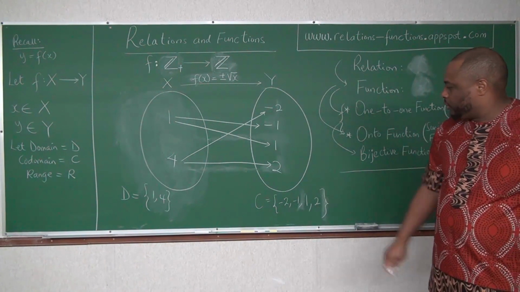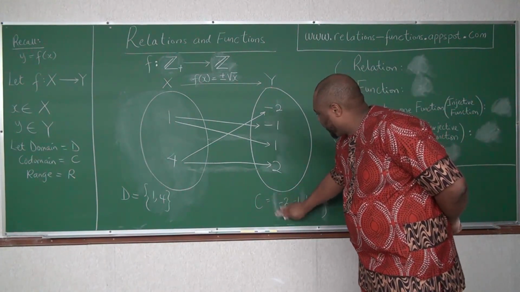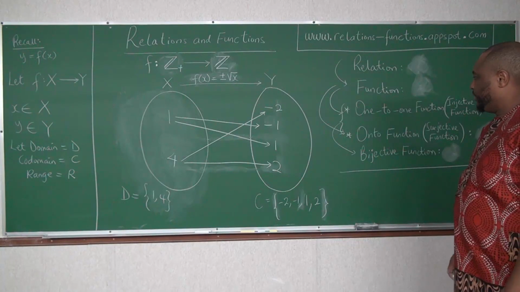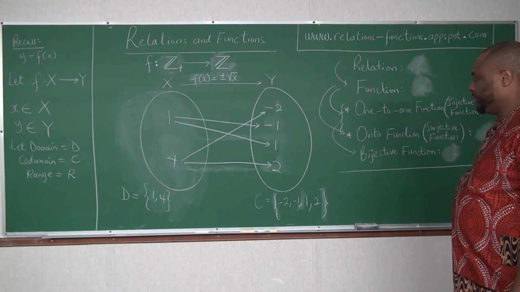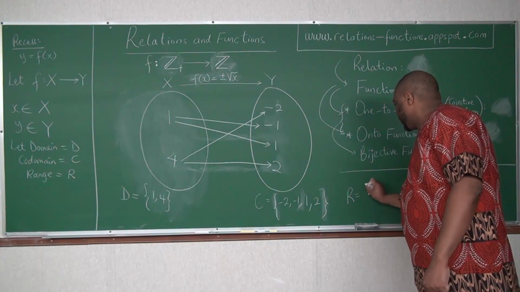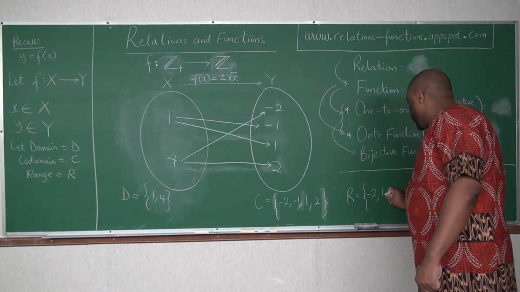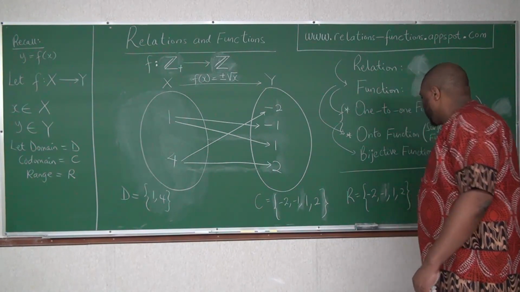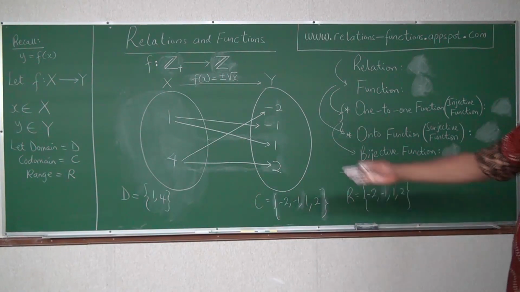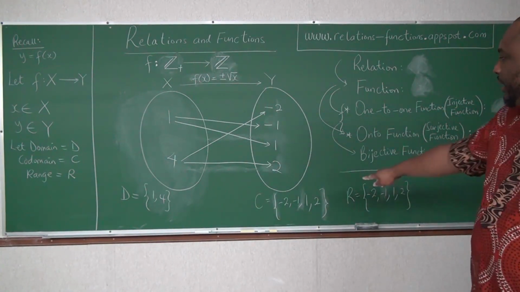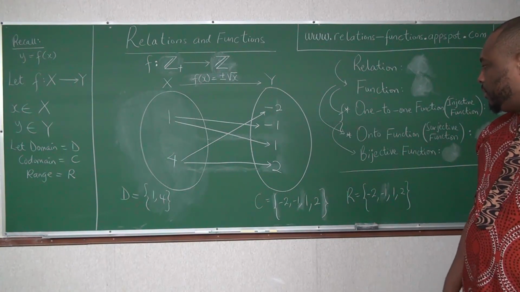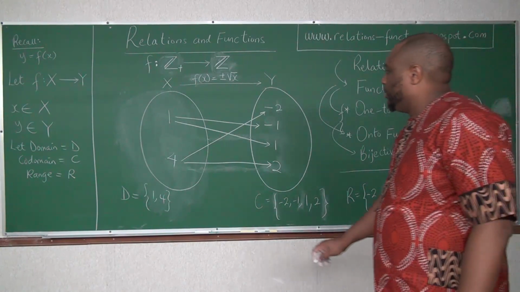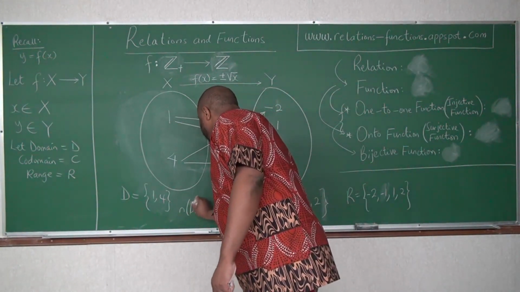I think I taught you how to draw braces in part 1. And then the range is still negative 2, negative 1, 1 and 2. The cardinality of the domain is 2. Cardinality of the codomain is 4. Cardinality of the range is 4.